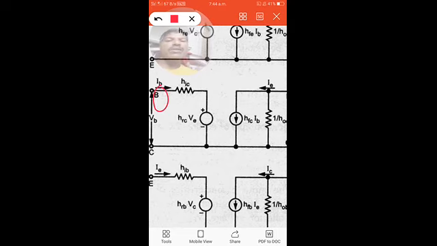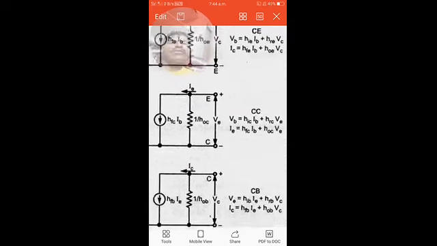So we can write the equation for input voltage and output current for CC configuration.